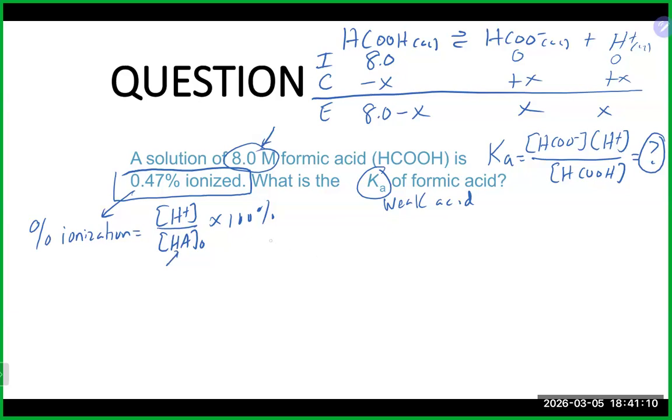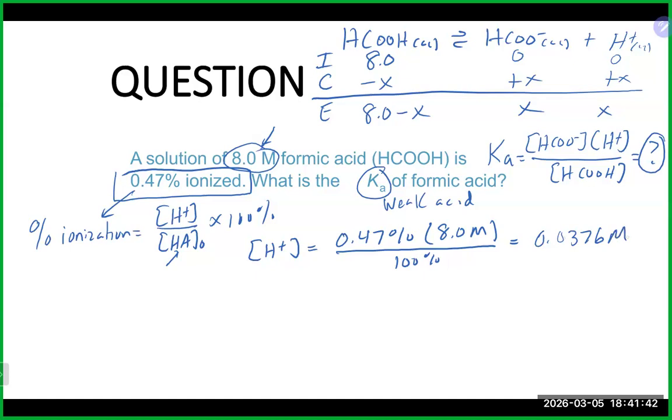So if I rearrange this and solve for the H plus concentration, the H plus concentration will equal our percent ionization, 0.47%, times our initial concentration of 8 molar divided by 100%. And that is going to give us an H plus concentration here of 0.0376 molar in this case, right?